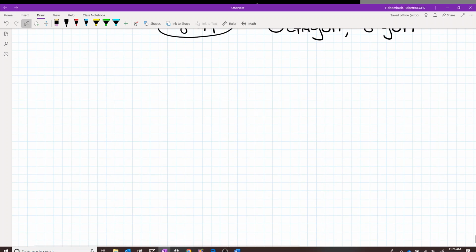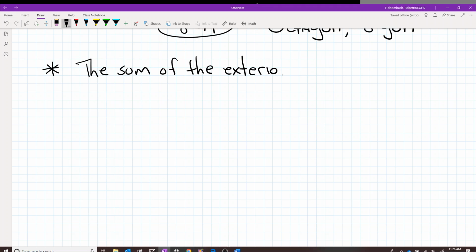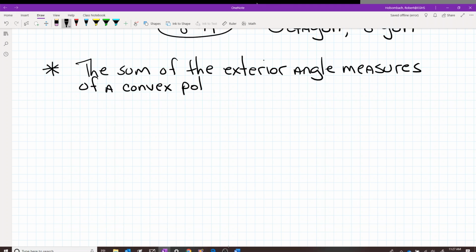All right, move down to the bottom of that page. Get this theorem in your notes right here. The sum of the exterior angle measures of a convex polygon, one at each vertex, is 360.